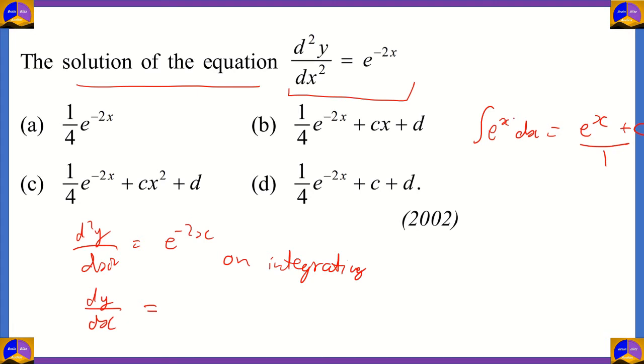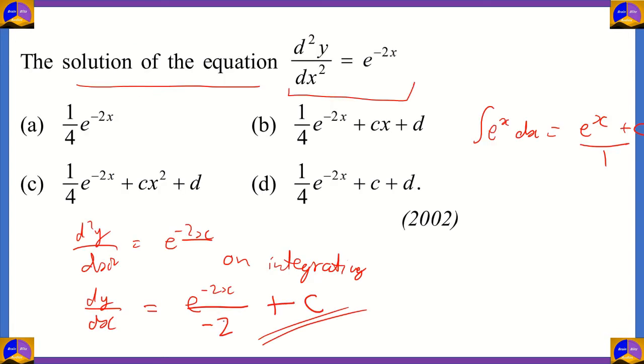So if x was equal to 2a, then it will be e raised to 2a divided by 2 plus c. So similarly here the exponent is minus 2x, so you will write e raised to minus 2x divided by minus 2 plus a constant c. This is the first differential.